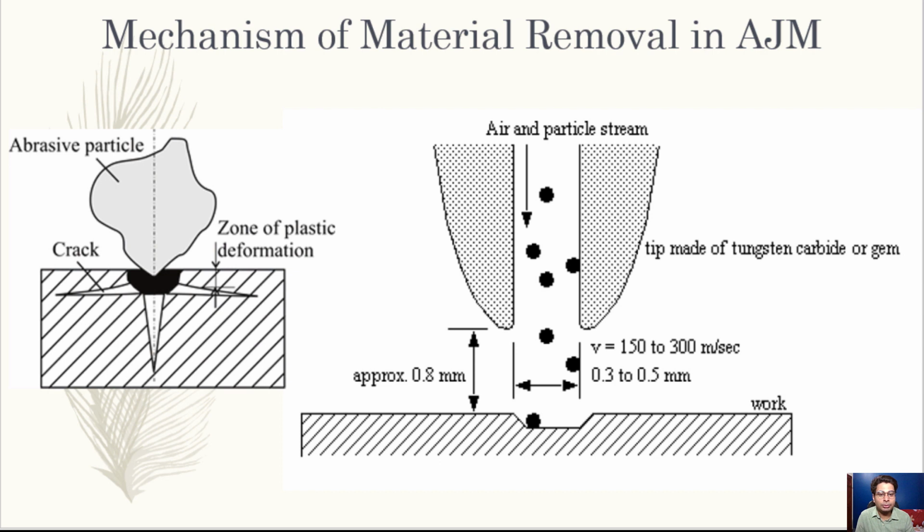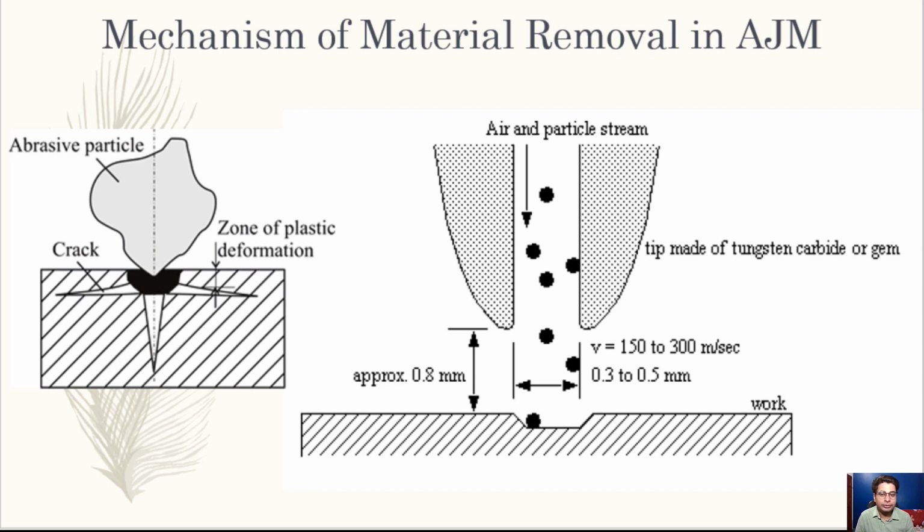The kinetic energy of the abrasive particles would be sufficient to provide material removal due to brittle fracture of the workpiece or even micro cutting by the abrasives. Like this, abrasive particles, when they come through this nozzle and strike the workpiece, they might cause brittle fracture in case of brittle material. Even micro cutting can be observed by the sharp cutting edges or the micro cutting edges of the abrasive grits.